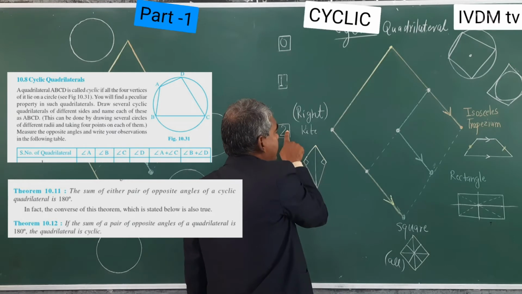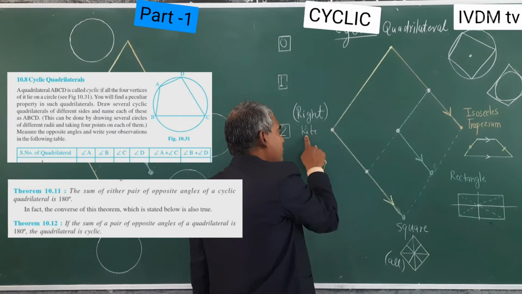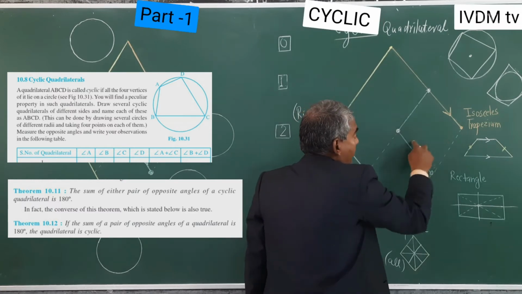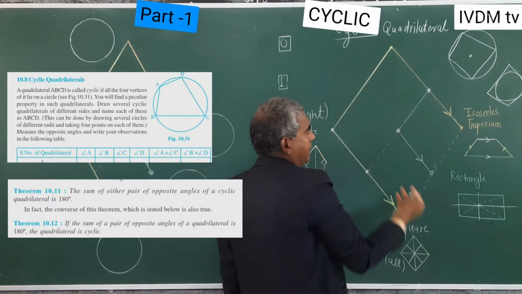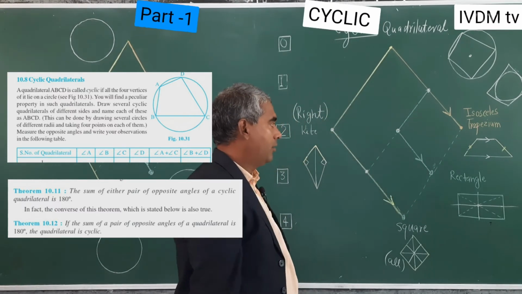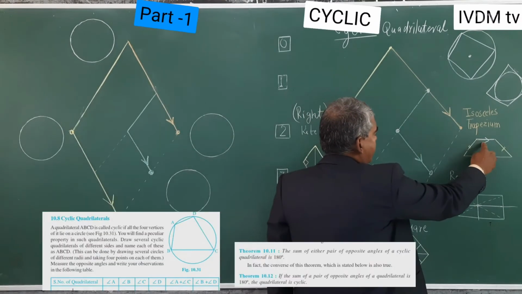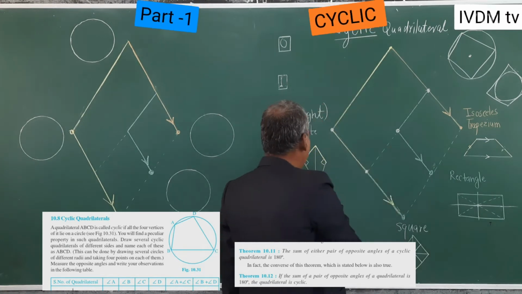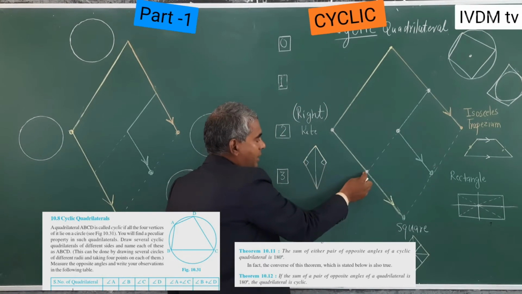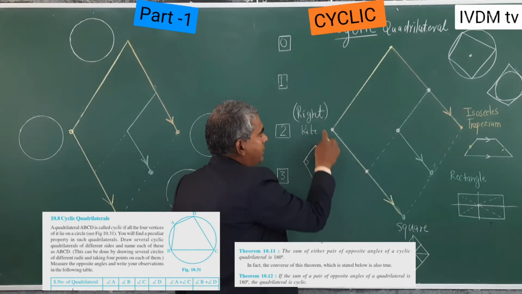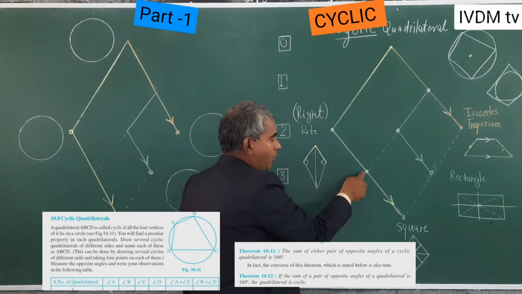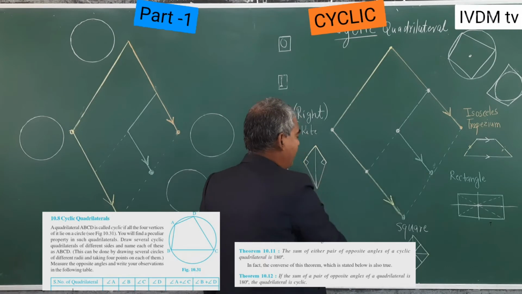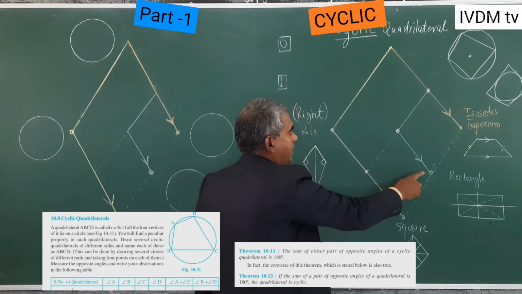After that, I have written two conditions. Kite and parallelogram have two conditions; two pairs of opposite sides is the definition of the parallelogram. Here two conditions, one is parallel and one is equal. Then three conditions: the rhombus and rectangle include three conditions.